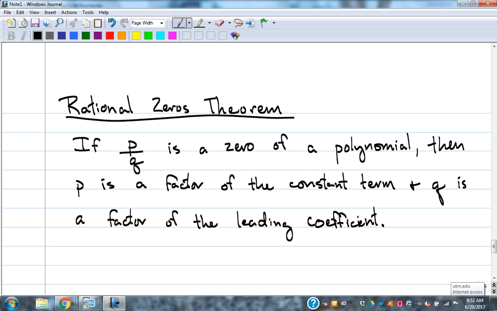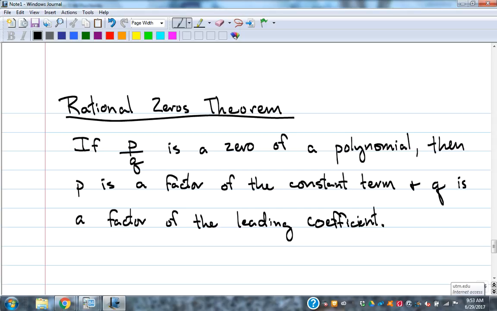Okay, so we're going to build a set of rational zeros based on those factors. And the factors means like if it's the number 4, the factors of 4 are 1, 2, and 4. The factors of the number 6 are 1, 2, 3, and 6. Means a number that will divide into it evenly.